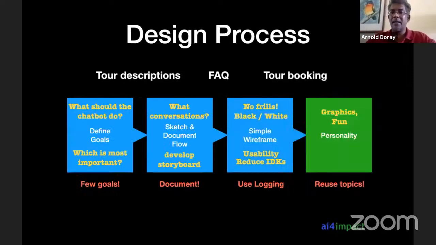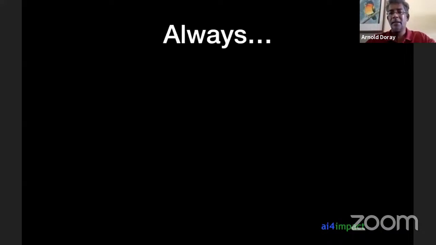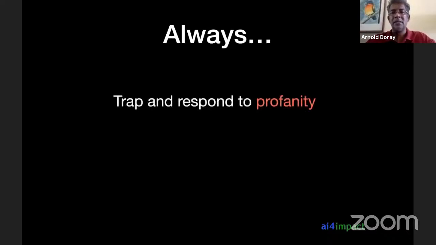Okay, so now we are at the last square, which is really giving your chatbot some kind of personality. What that means is that you want to put in some kind of graphics and fun layers over your chatbot, and you also want to look at reusing the topic. Now, a few tips. In the personality part, you should always trap and respond to profanity.